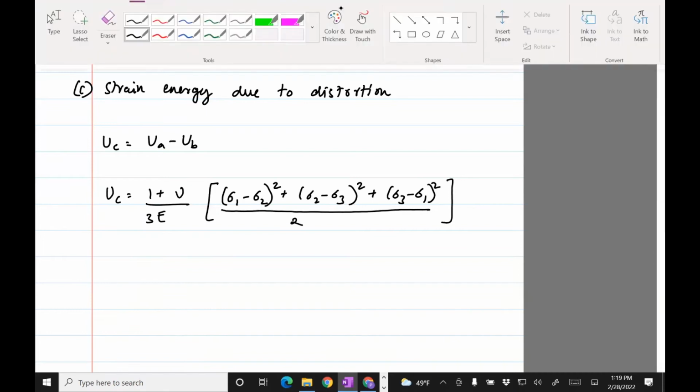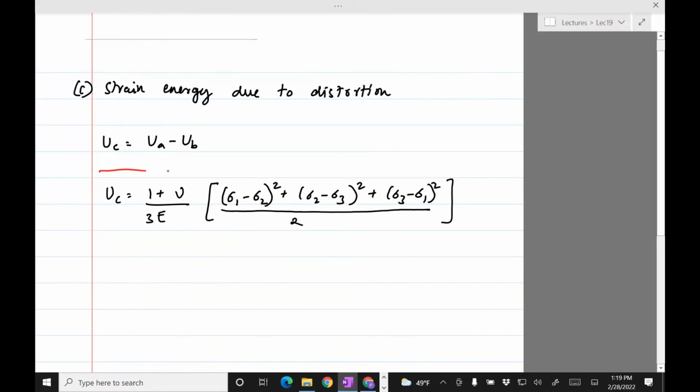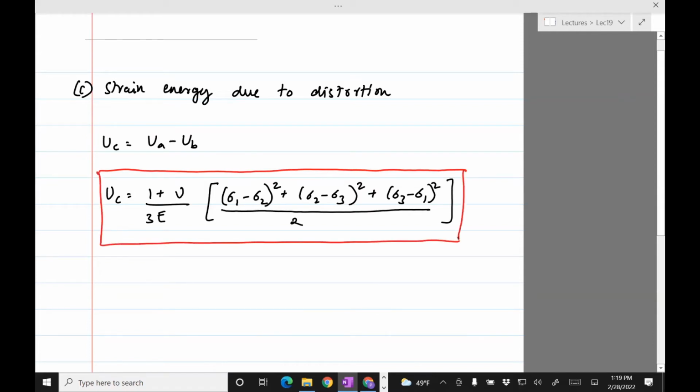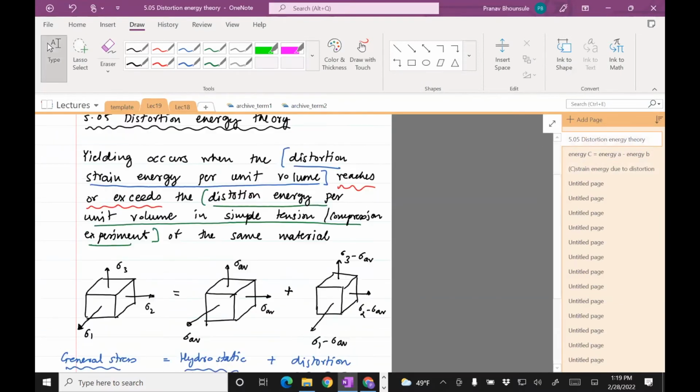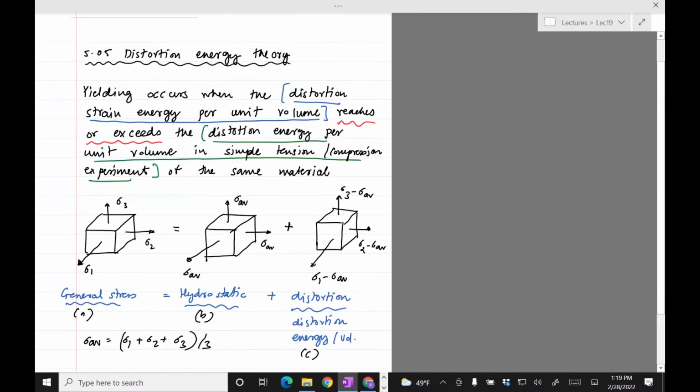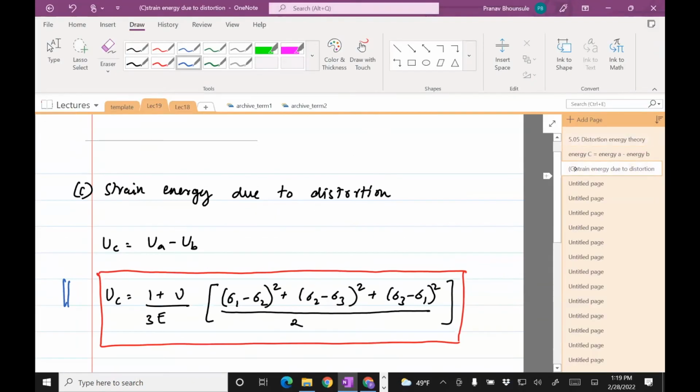Okay, so that's the formula we were after. It gives us the part shown in blue. We wanted to compute the energy due to distortion, and that is what has been computed.